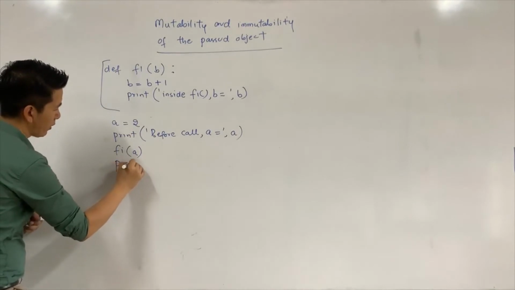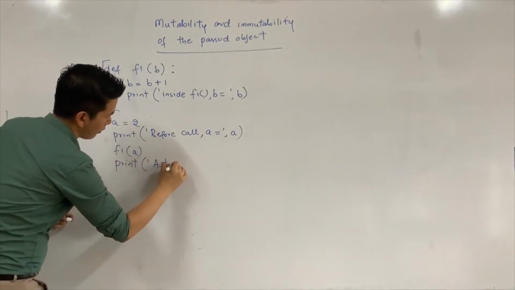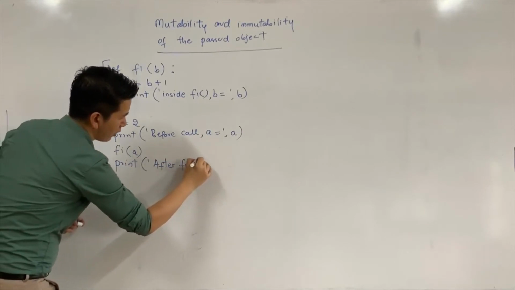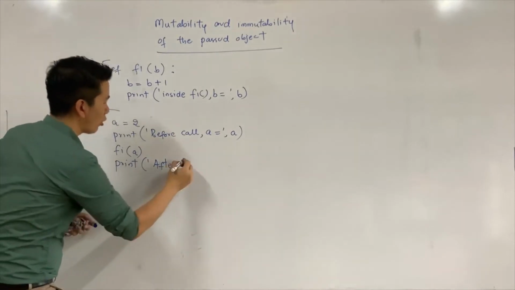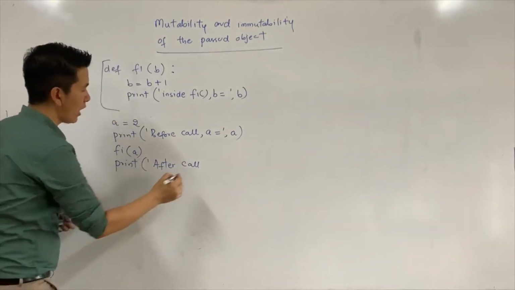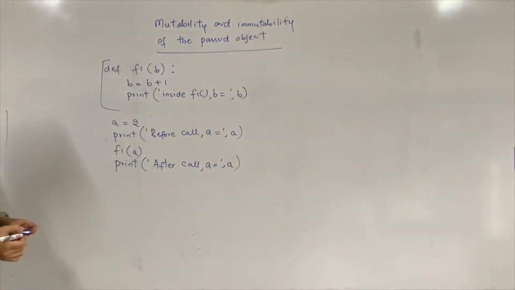And then we'll just print after function call. In order to save time, I'll keep it short. After the function call, a is equal to a, right?